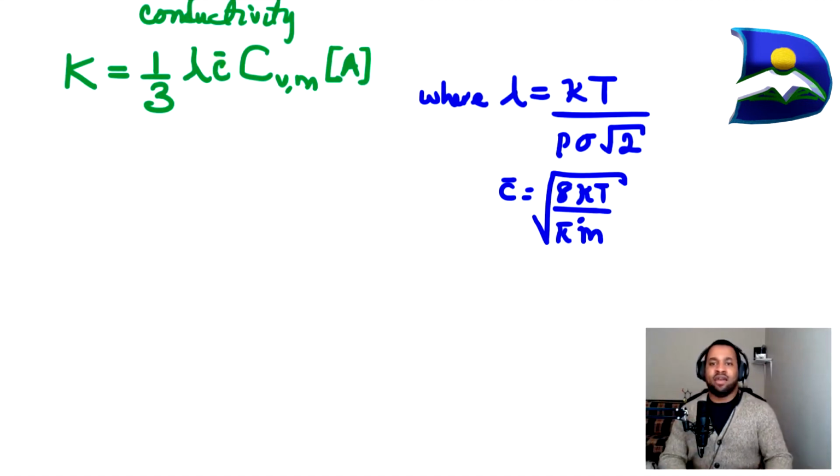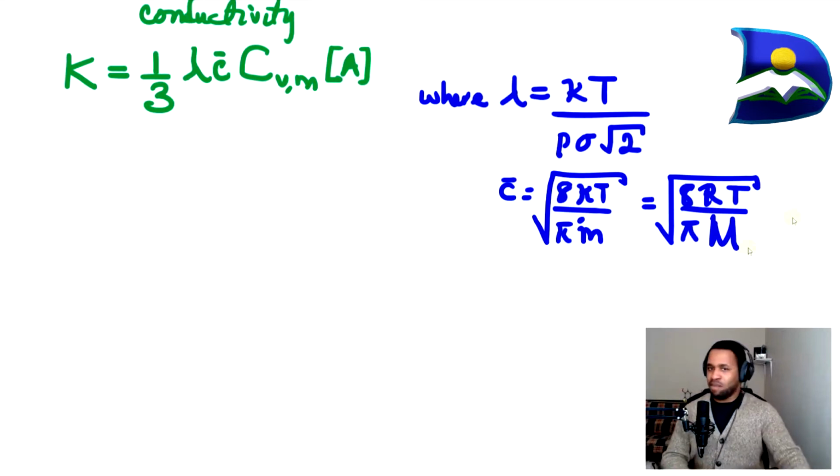On the other side, this is also equal to the square root of 8RT, where R is our gas constant and T is temperature, divided by pi multiplied by the molar mass of our particle.